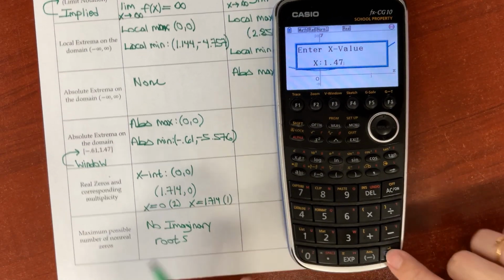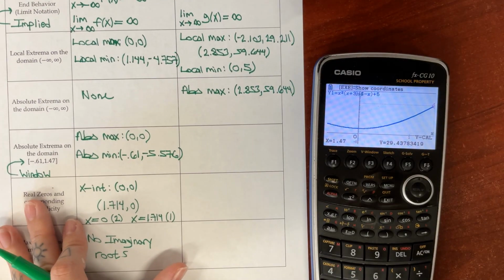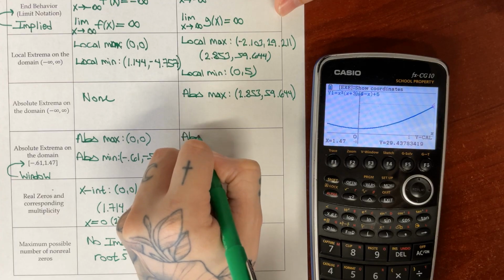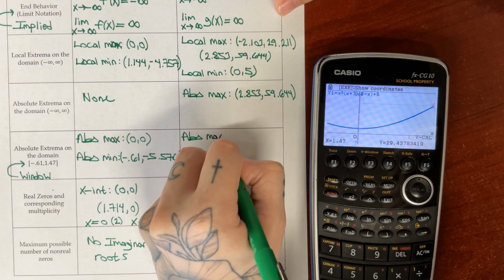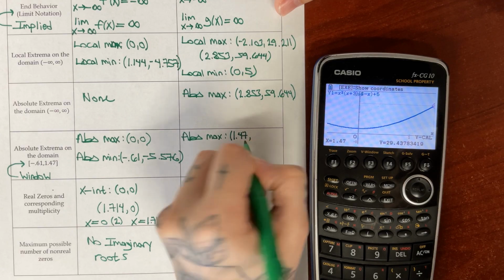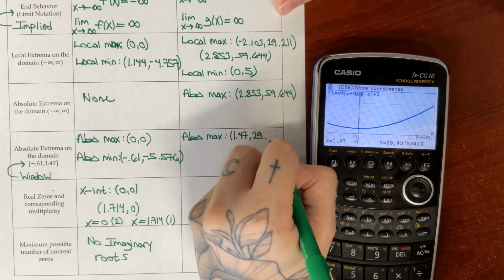That gives you the absolute max on this interval. So my absolute max is (1.47, 29.438).